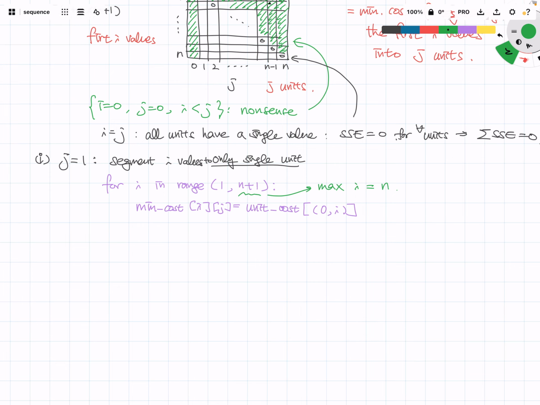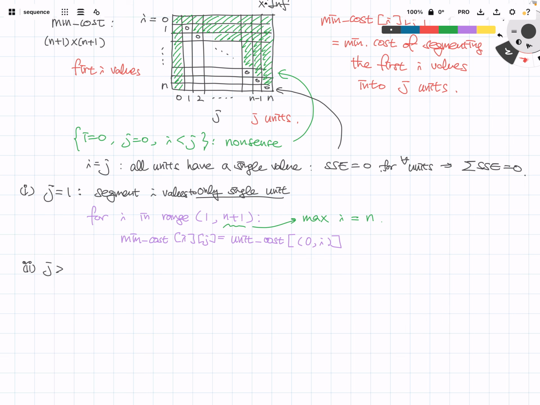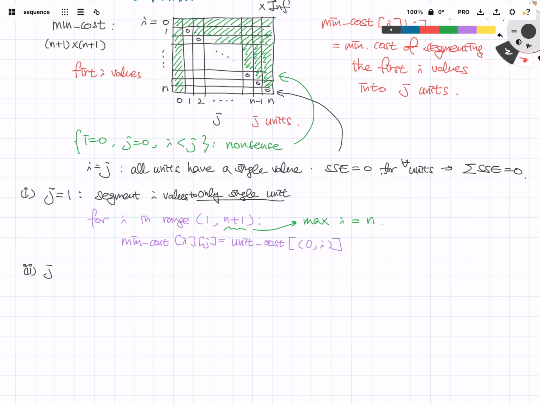And now let's talk about when j equal larger than 1. But for easier understanding, let's think about j equal 2. It's the same logic, but 1 by 1. So it means that segment i values into 2 units.